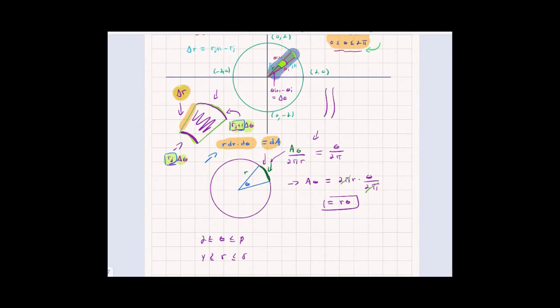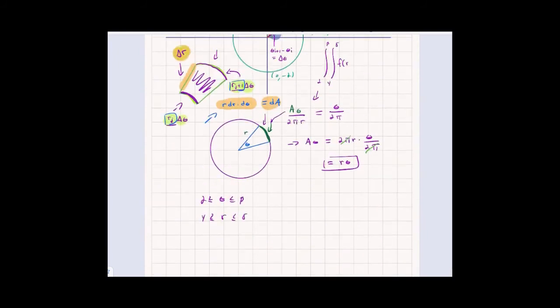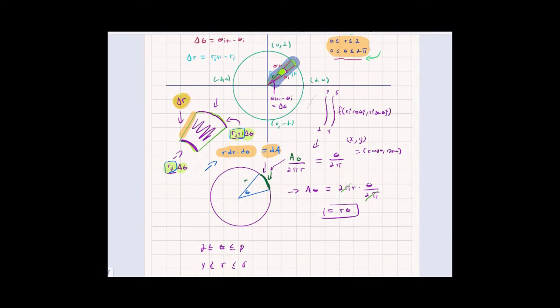We take the integral with r ranging from gamma to delta and theta ranging from alpha to beta of f of, now instead of the x_i star and y_j star, this is going to be r_i star cos theta_j star, and r_i star sine theta_j star, because our xy point is actually r cos theta, r sine theta in polar coordinates. Then we multiply by r dr d theta. And of course, when we take the limit, we can forget these star things.